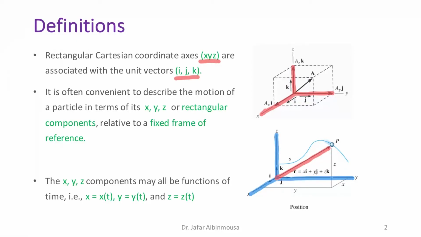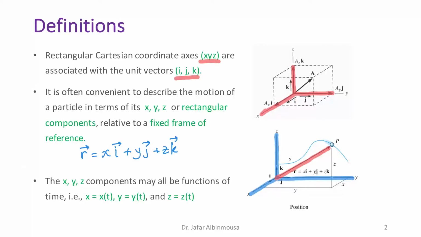Now, the equation of this position vector is going to be r, which is equal to x as a magnitude multiplied by i as a vector, plus y as a magnitude multiplied by j as a vector, plus z as a magnitude multiplied by k as a vector.